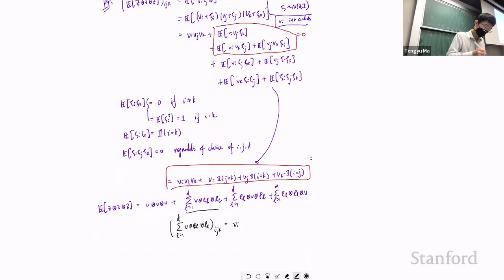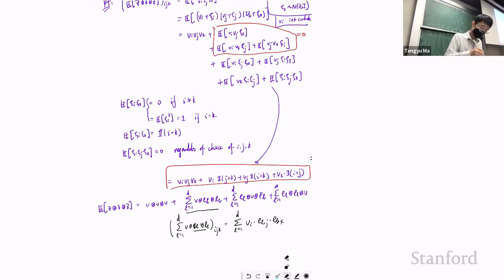It always has a v_i there. Then it's v_i times the j-th coordinate of E_L and the k-th coordinate of E_L.